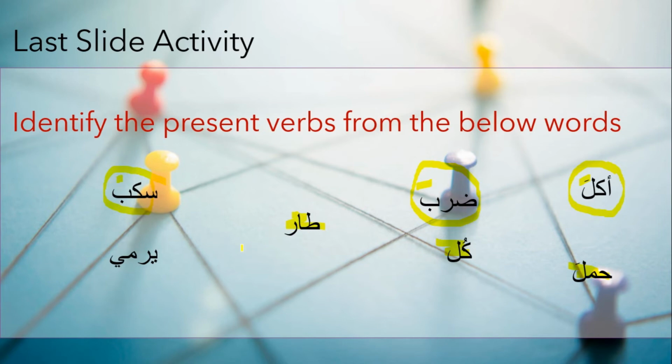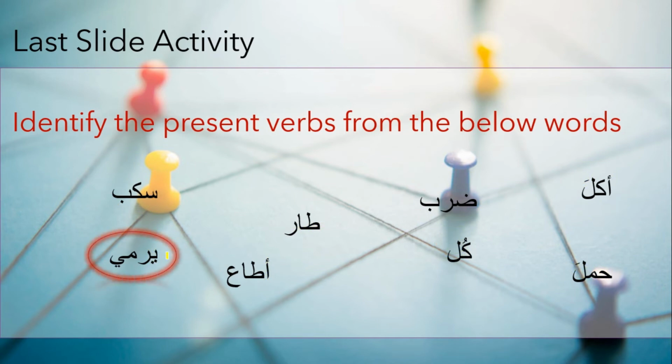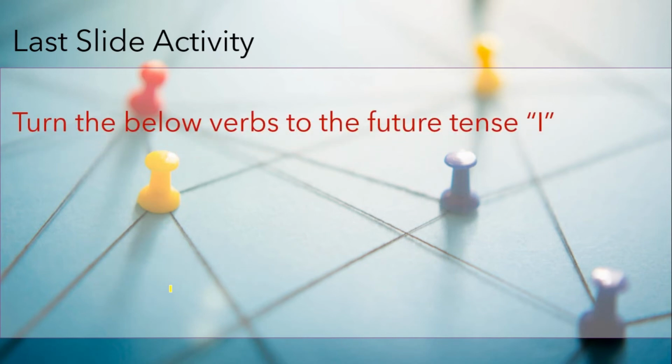Tara, sakaba, hamala. Kul is an imperative form. Yarmi, I used ya here. Ata'a, as you can see here. Akala, daraba, all of them the diacritical mark is fatha, but yarmi here, forget about the last ya. The last ya is a vowel. That's why we don't say yarmiu. We don't put dhamma here. That's why yarmi is the right word. Let's have another activity.